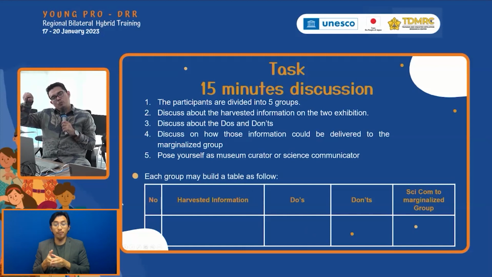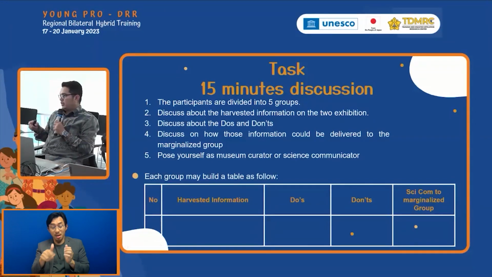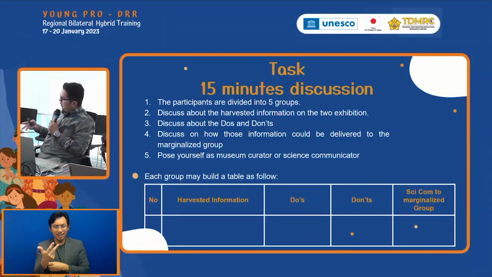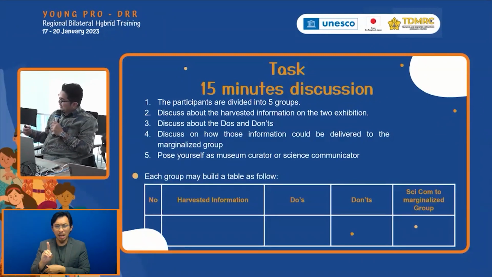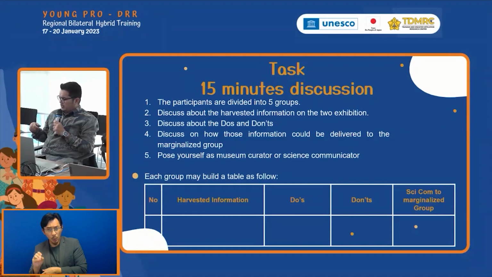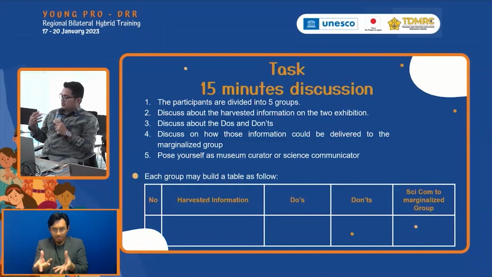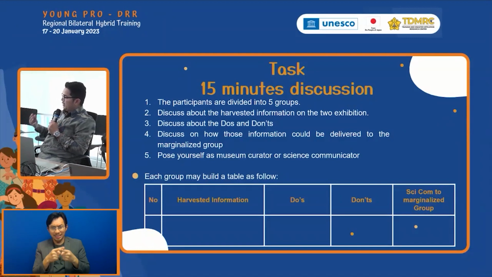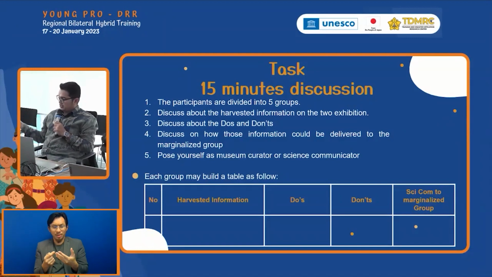And then science communication to the marginalized groups. In this part, you can remember the other modules that you already have, either module 3 with Dr. Praditya, Dr. Rizana, and Emilio. I remember Dr. Praditya explained how people receive information, so you can use various types of channels to get a wider audience.